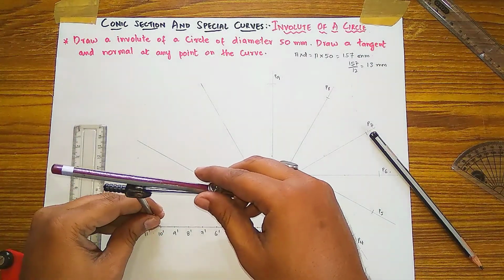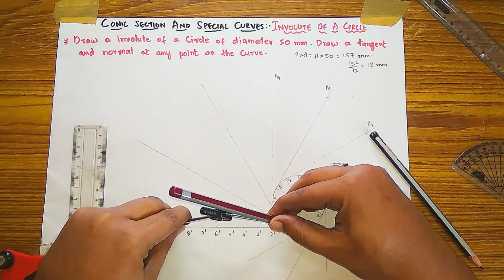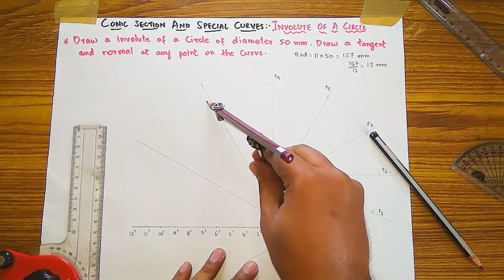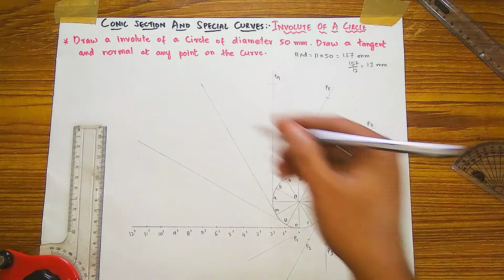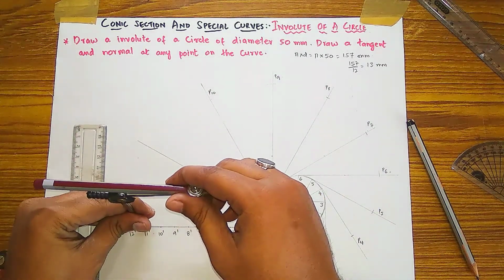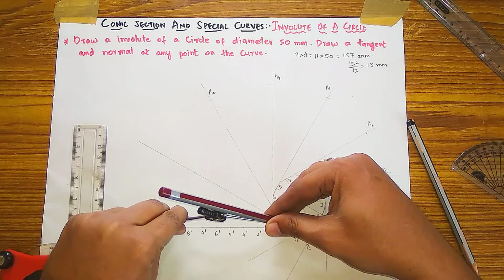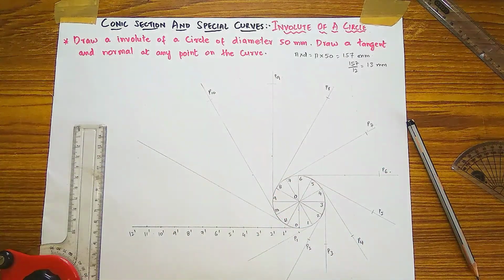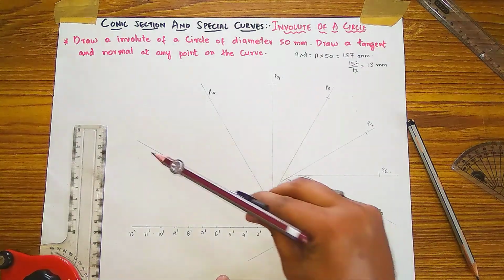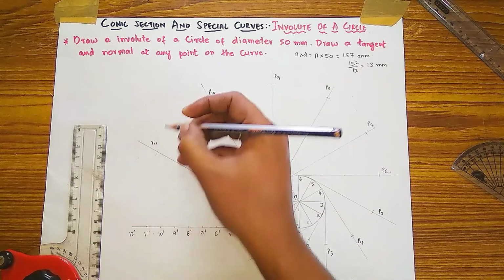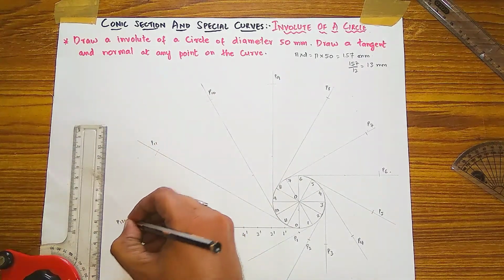Then 10, keeping on 10, this will be P10. And last, 11, keeping on 11 only you have to take an arc, this will be P11 and this will be P12.